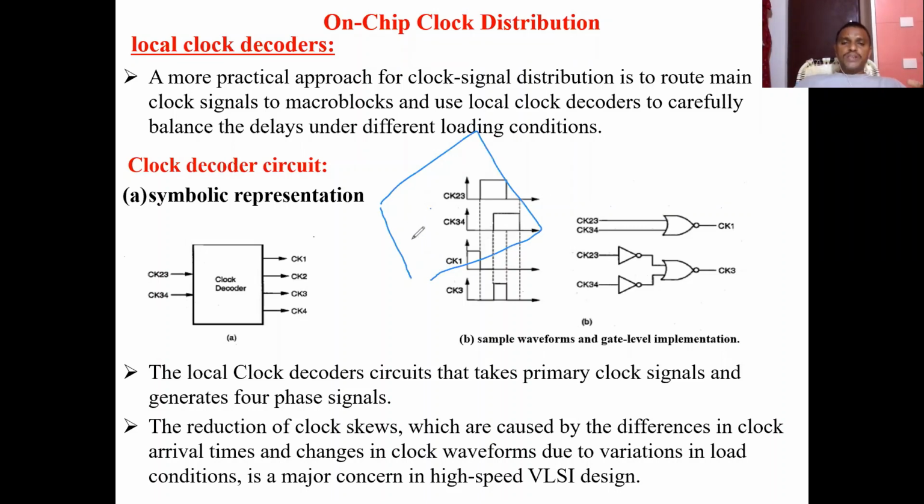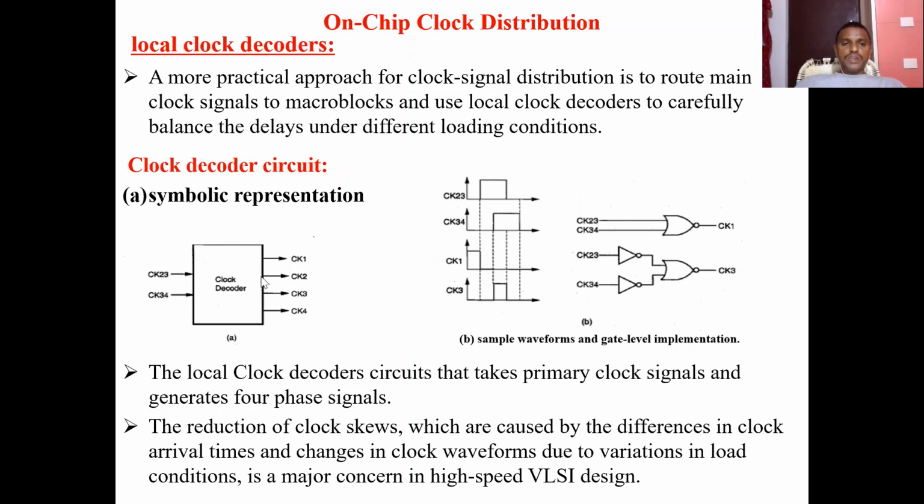Here we are going to place at a particular point these macro blocks, and we will apply the clock to them, and those macro blocks will supply the signals to the local clock decoders, so that they will divide the two signals into 4, and they will give the 4 clock signals at the output. So this is the importance of local clock decoders. It will balance the delays under the different loading conditions.